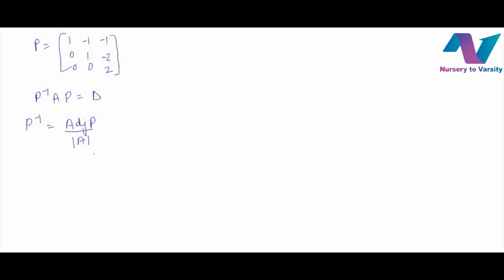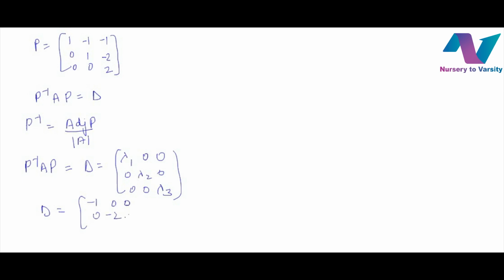So we can find P inverse using this formula, and when we apply the operation P inverse AP, we will get D, where D is the diagonal matrix having diagonal elements as eigenvalues lambda 1, 0, 0, 0, lambda 2, 0, and 0, 0, lambda 3. इस केस में आपकी डायगोनल मैट्रिक्स D क्या आएगी? -1, 0, 0, 0, -2, 0 और 0, 0, -3.